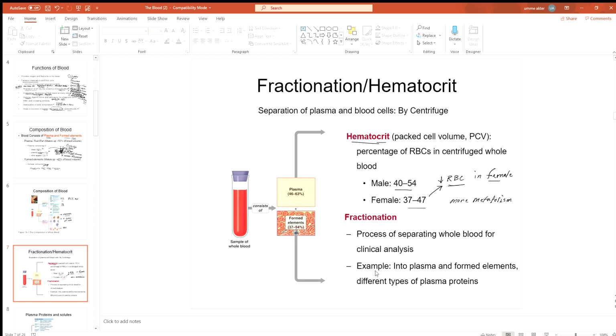More metabolism, more oxygen is required, and red blood cells transport oxygen. So that's why the male body has more red blood cells. Another is the male sex hormone, testosterone, that stimulates the production of red blood cells. Because of these two factors, the red blood cell count is more in male than the female.